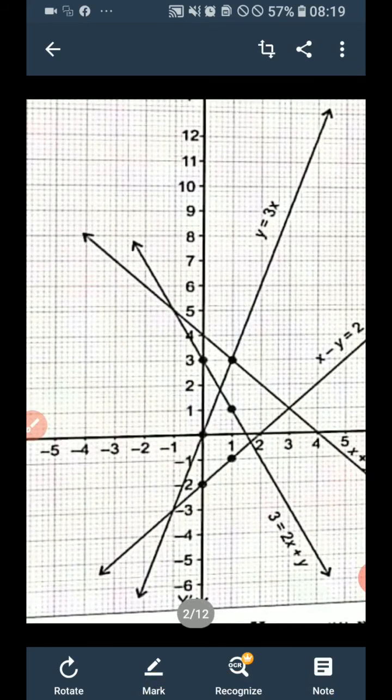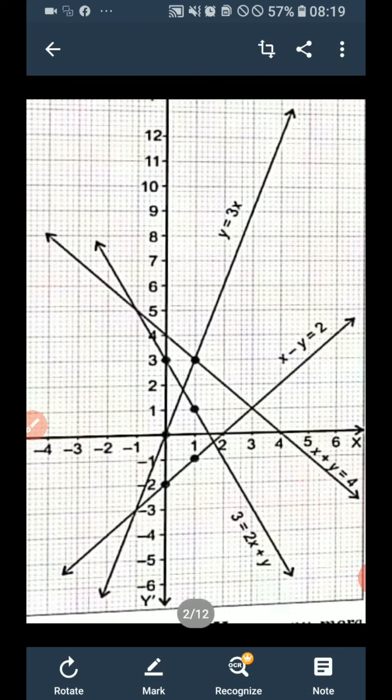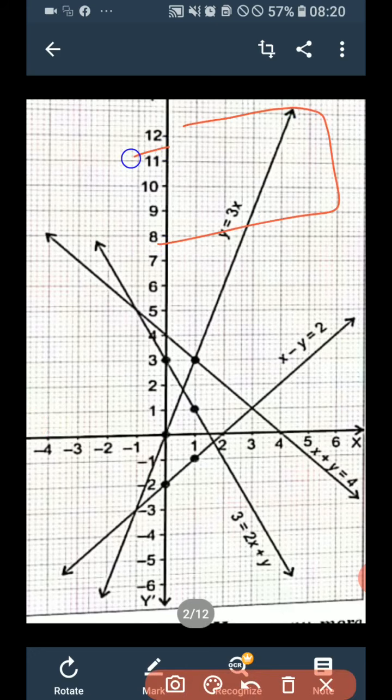Okay, x plus y equal to 4, right? As we have found x and y values, x 0, y 4 and y 0, x 4, we can take the measurement 1 centimeter equal to 1 unit.